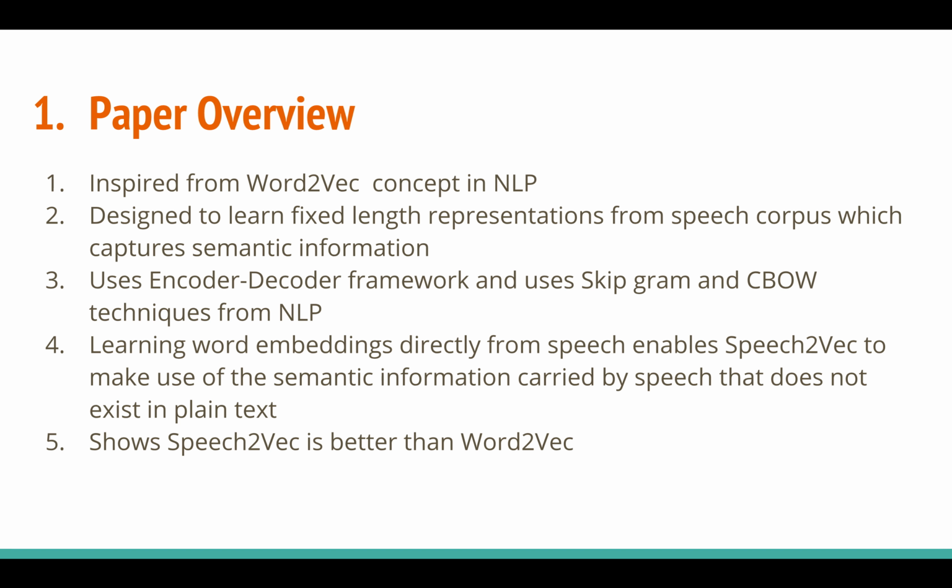But not only the semantic information about the word like in word-to-vec, they also capture some other information. And we will see the difference between word-to-vec and speech-to-vec in the coming slides. And this paper shows learning embeddings from speech gives better results compared to learning embeddings from the text.